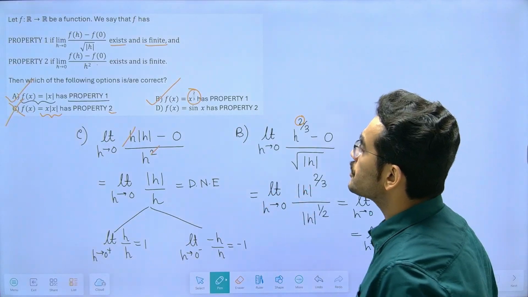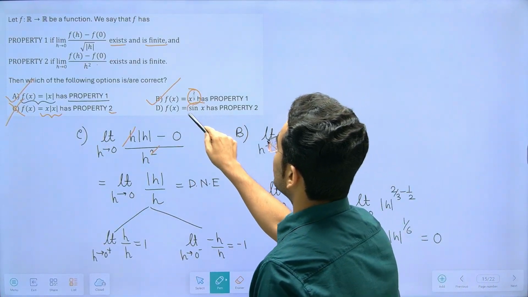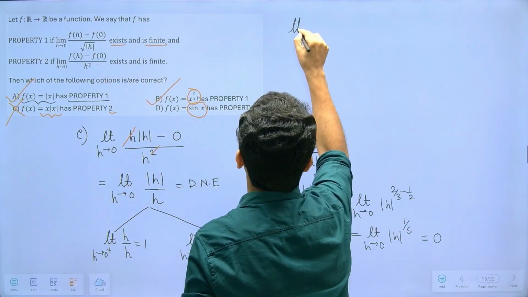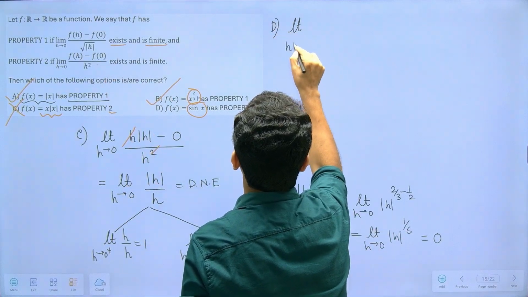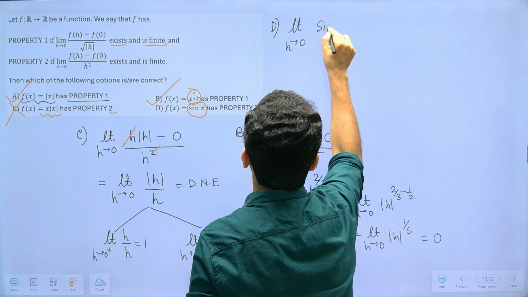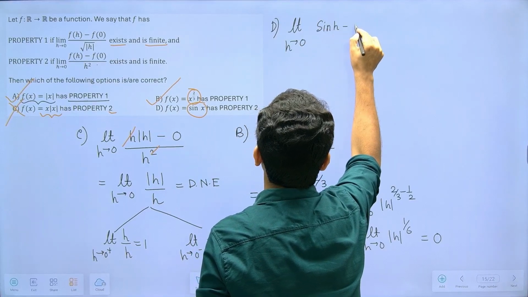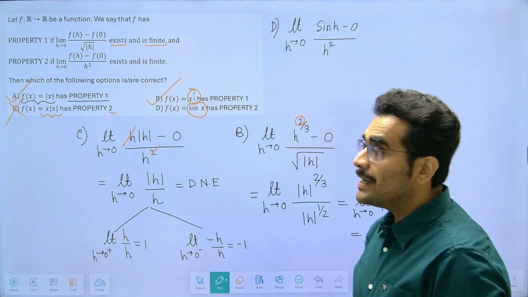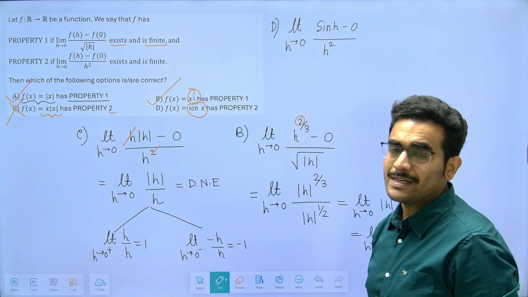And finally, option D is f(x) equal to sin x has property 2. So if I substitute in property 2 for option D, it will be limit h tends to 0 of sin h minus sin 0, that is 0, by h square. This is the limit: limit h tends to 0 of sin h by h square.